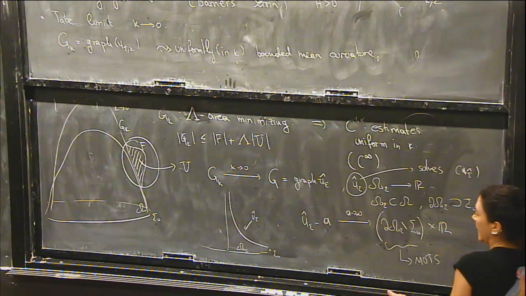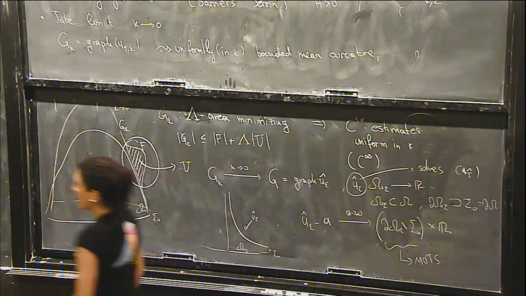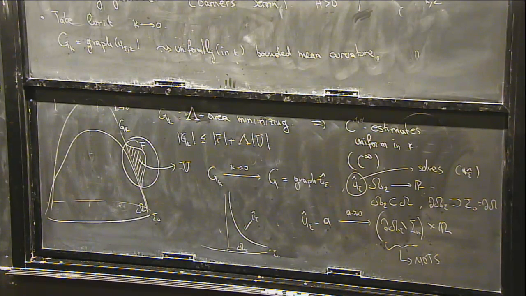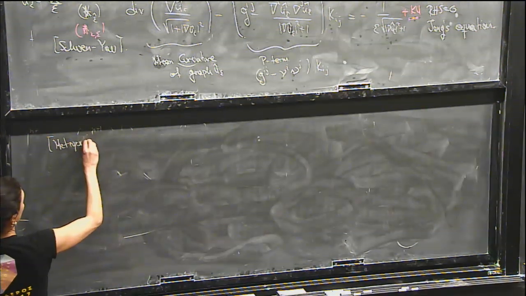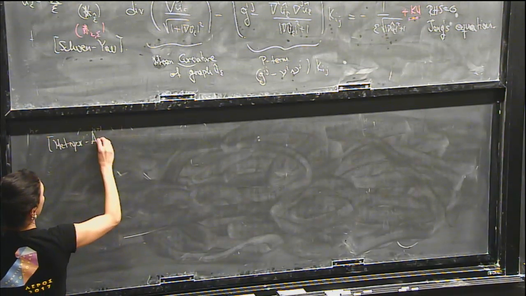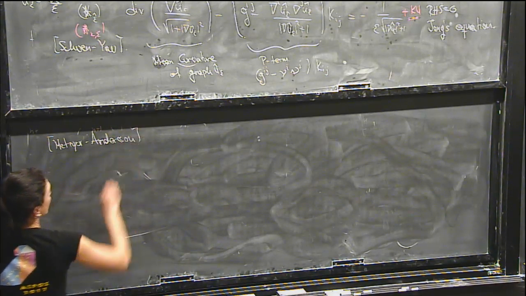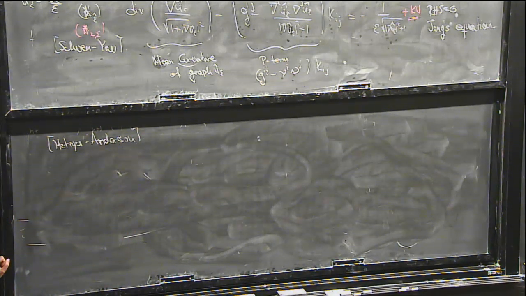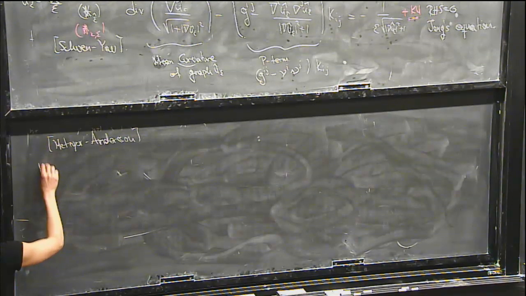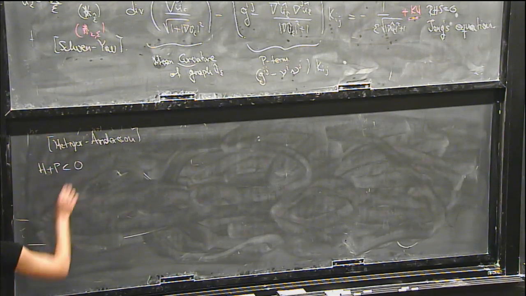Now, this is a little bit technical, so I'm just going to sketch it. But the idea is an idea of Metzger and Anderson, who showed that very close to the outermost MOTS, and on the inside, there exists a surface that satisfies H plus P negative.